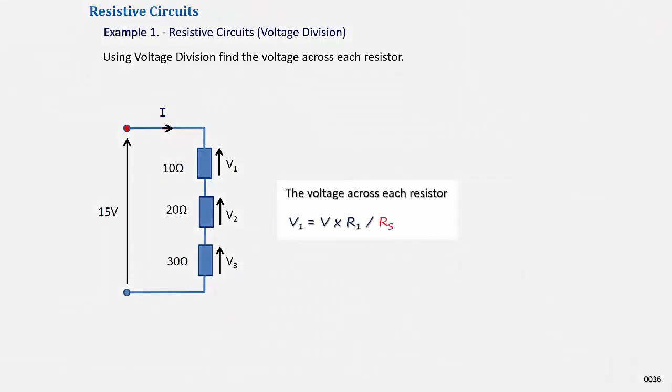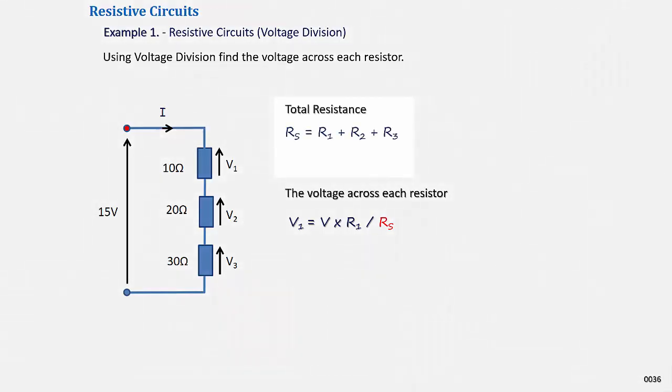The formula to calculate V1 is the circuit voltage V times R1 divided by the total series resistance Rs. We know the value of V and R1, but we need to first calculate the value of Rs.